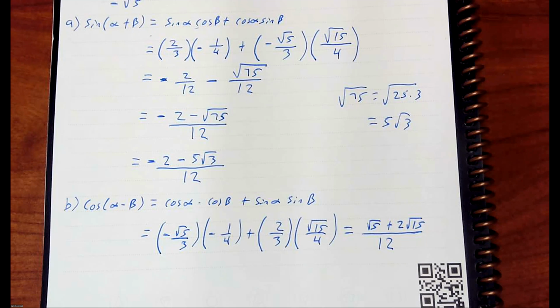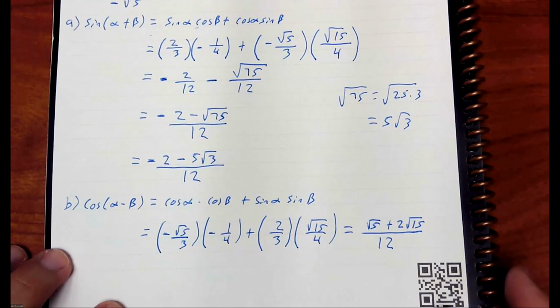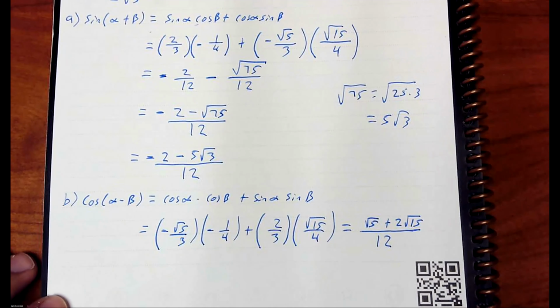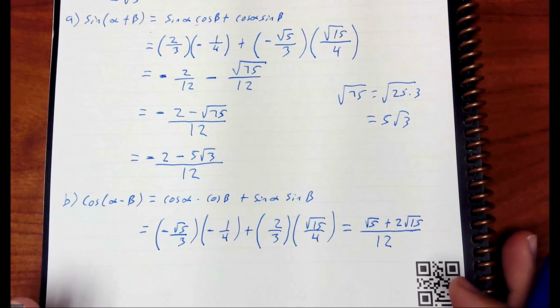The bottom is 3 times 4, which is 12, so they have the same denominator. So you just add these results. Any other questions on part B?